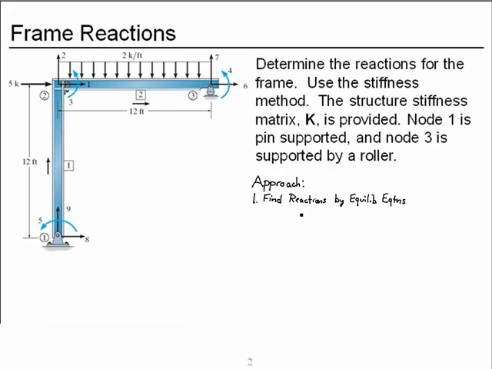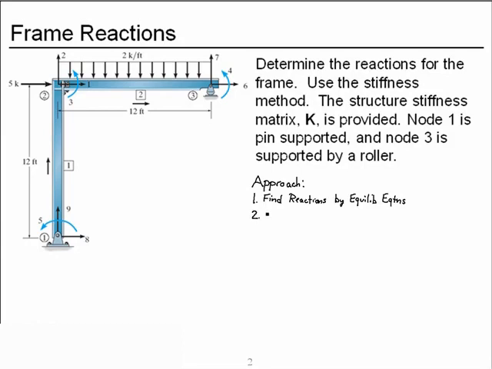And we've chosen a determinate structure so that we can evaluate how well we have applied the stiffness method to a structure where we can know the answer ahead of time. That's a prudent approach anytime we learn a new analysis method, be it by hand or by computer.